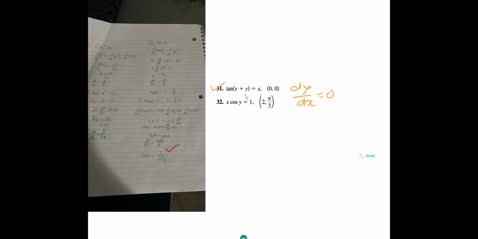Yeah. I didn't know how to do it. Okay, I don't think we went over this. And 32 is done, right? Okay. 47, yeah. I'm going to explain, no problem.